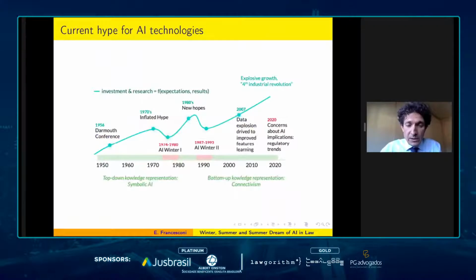But there is no doubt that currently we are facing a hype for AI technologies, with a dramatic growth of interest in the research and applications of AI, which is usually addressed as the fourth industrial revolution.